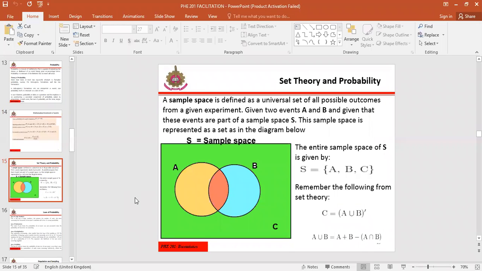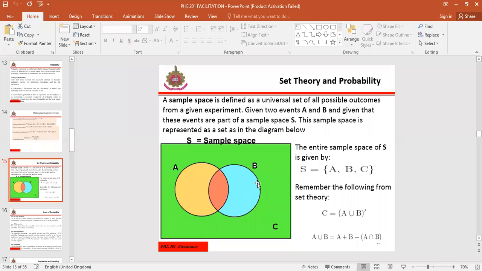Intersection means where they connect. So the point of connection between event A and event B is the intersection. If you match them together, you mix them together, rice and beans, dance. I think you are getting the analogy.